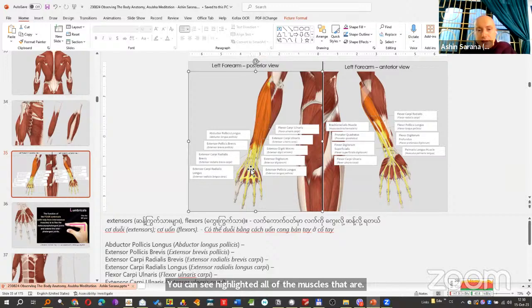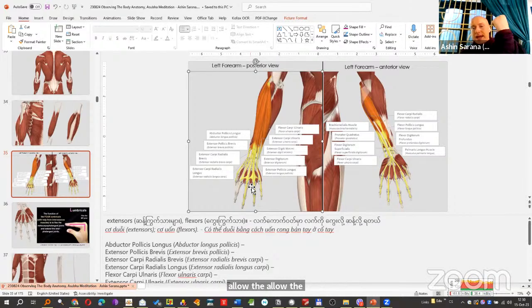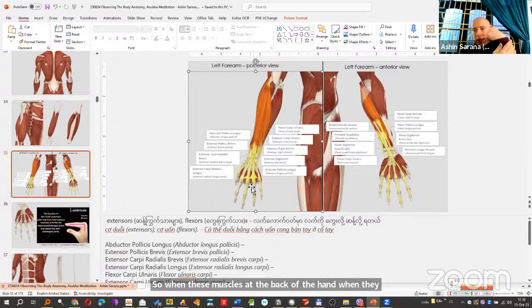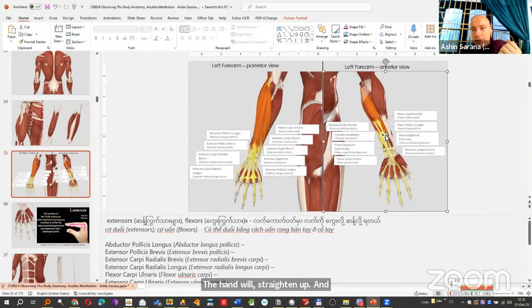So these muscles allow the hand to extend. So when these muscles at the back of the hand contract, then the hand will straighten up. And when the muscles on the other side, those from the front portion, contract, well, then the hand will flex.